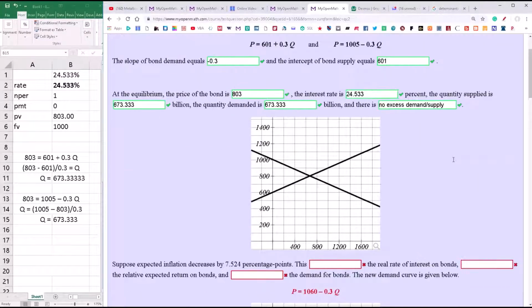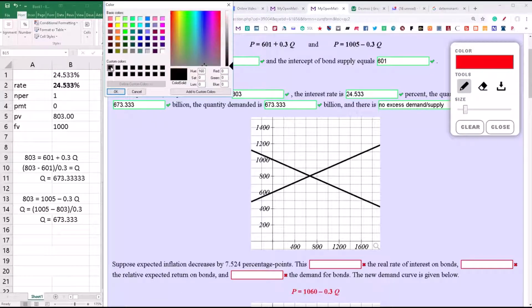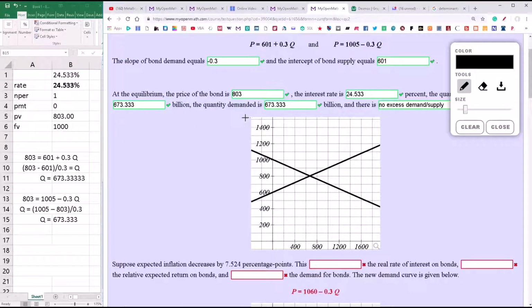Okay, now let's go down here and graph it. Okay, again, we got to label the axes. Price, quantity, supply, demand.